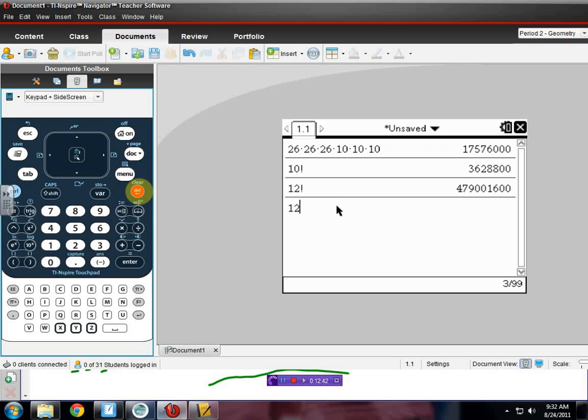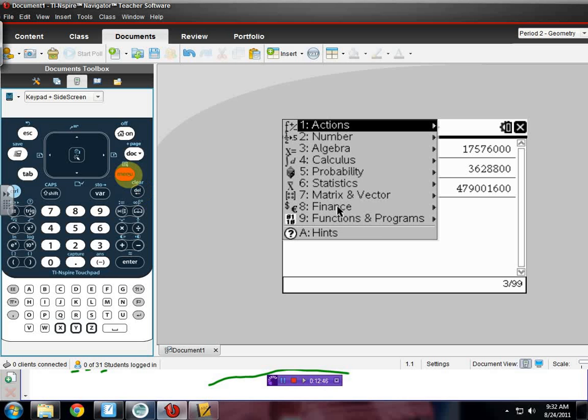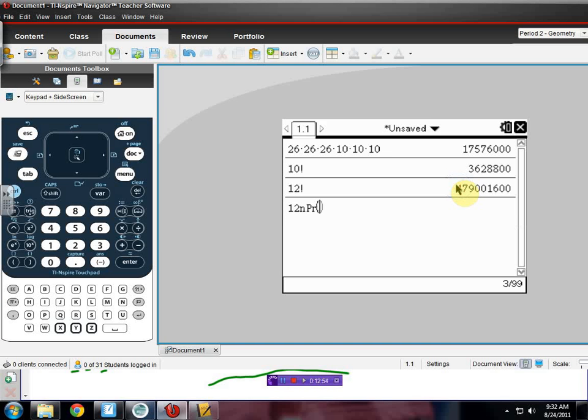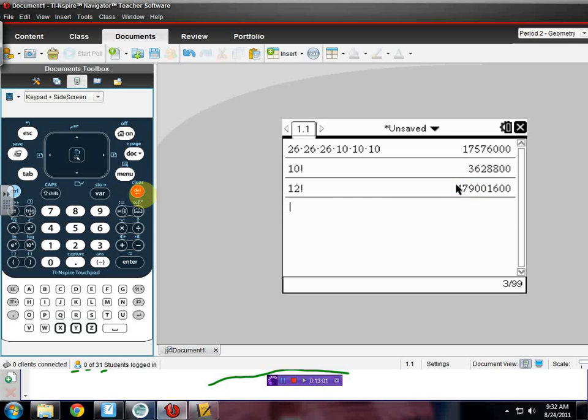Okay, I remember now. So we have 12, and then we need to go to menu, right? Menu, and this chapter is called probability, so it makes sense that we're going to be down at number 5, probability. And right here is that word permutations that we had. Oh, let me back up. I had some stuff in there.